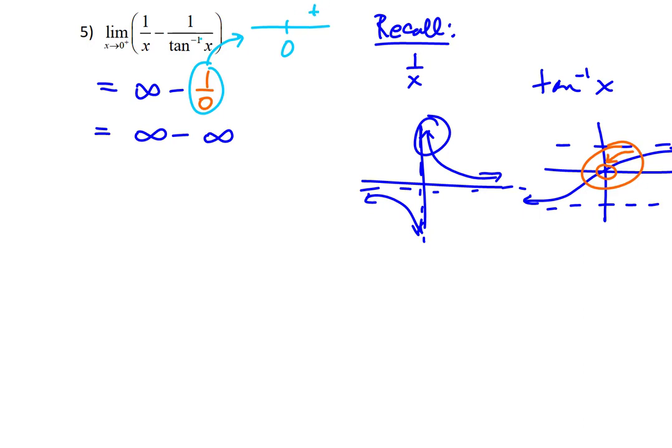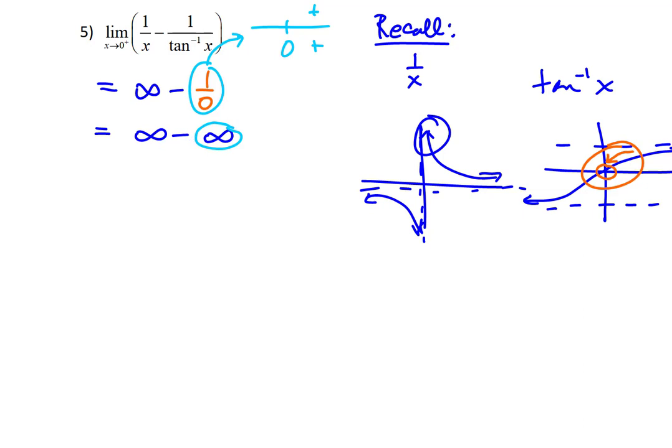But then the denominator is also positive, as we said by looking at the graph of tangent inverse as x approaches 0 from the right. And so positive over positive gives us a positive infinity. Now, of course, that positive infinity follows the negative sign in front of it. So really we have infinity minus infinity.